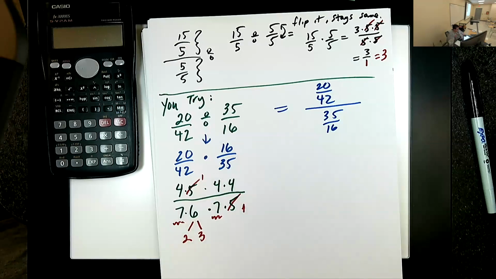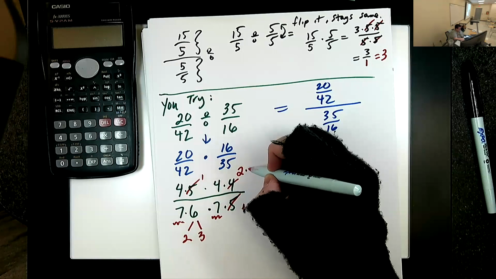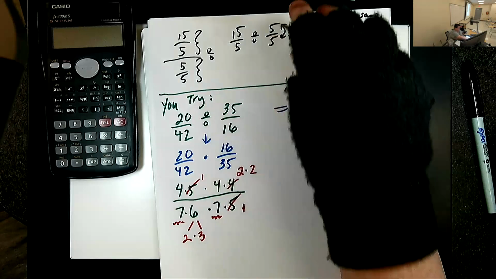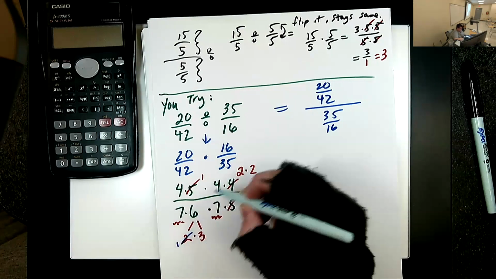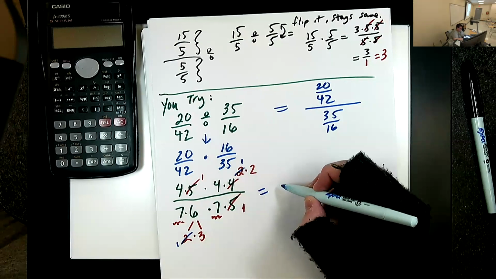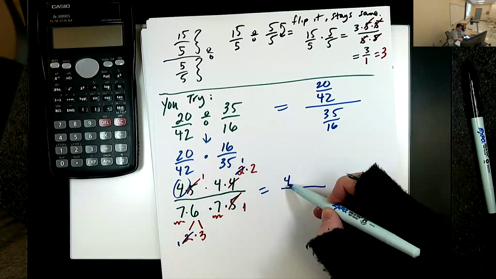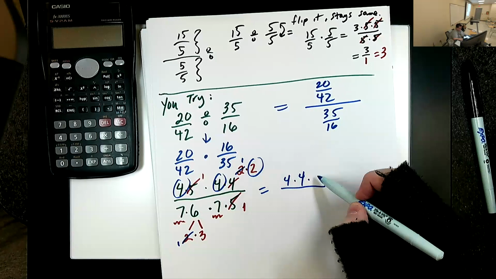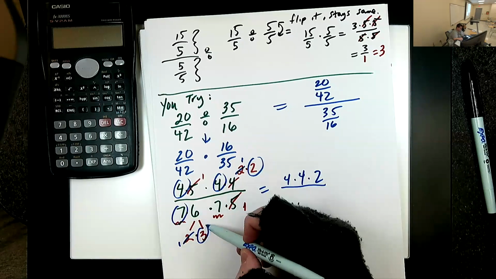And then I'm going to look to see up top if any of them have a 2 or a 3 in them. And they do. I can write one of these 4s as 2 times 2. If I do that, I can cross off a 2. And on top, I'm left with that 4. I'm left with that 4. I'm left with that 2. And on the bottom, I'm left with the 7, the 3, and the 7.